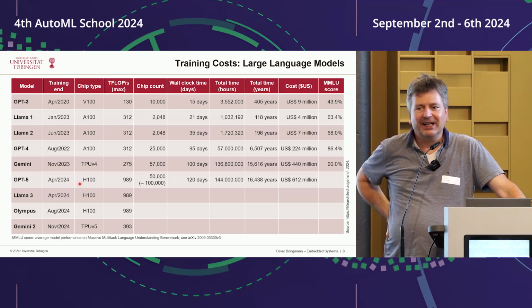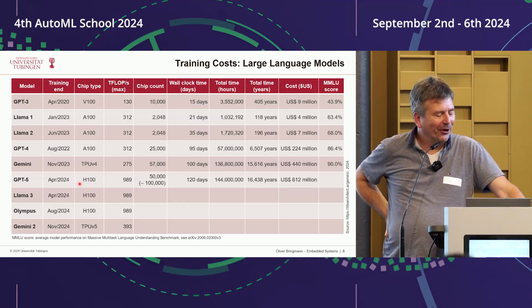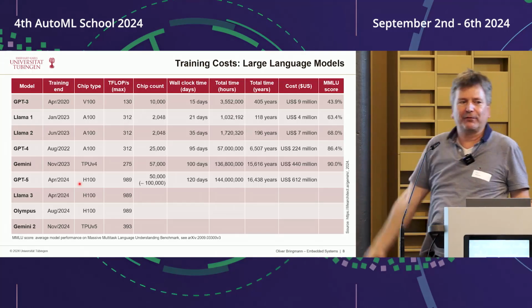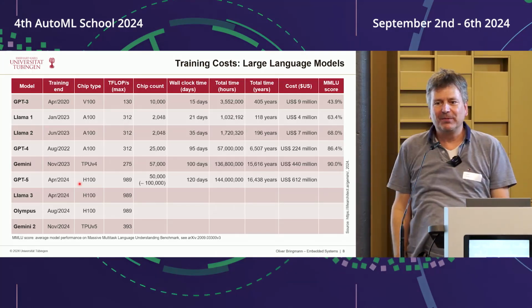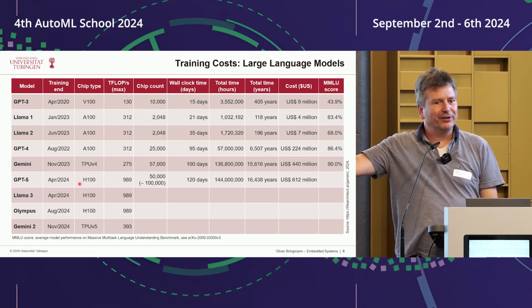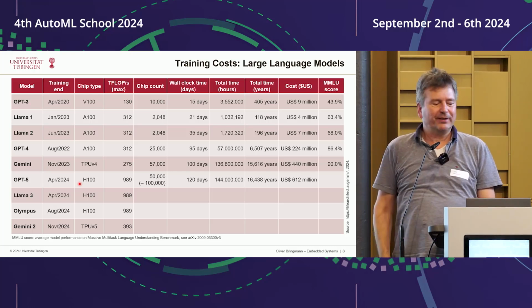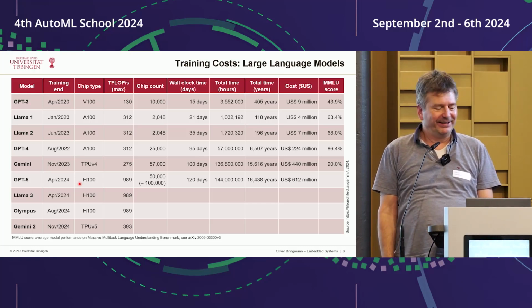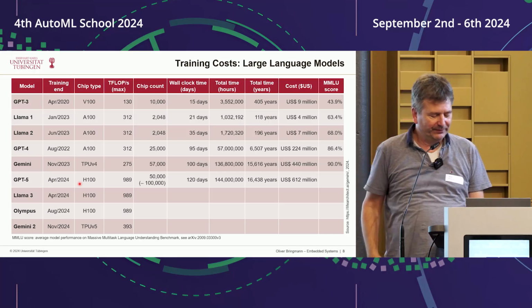It's probably not really a sustainable approach. Here the costs are some estimates of the costs of training. It's not possible for us anymore to train that kind of models. Of course, the hardware costs, but also energy costs are tremendous. That's really a problem here.